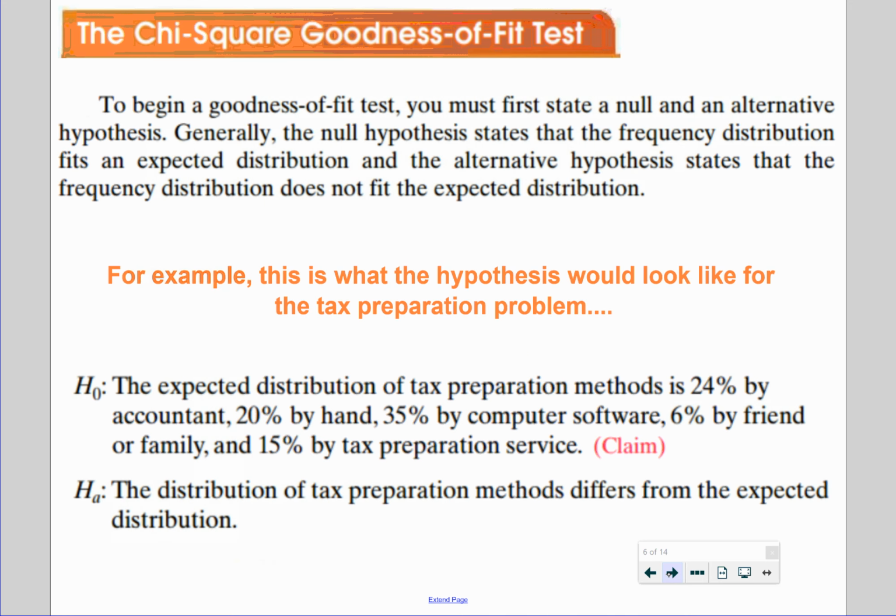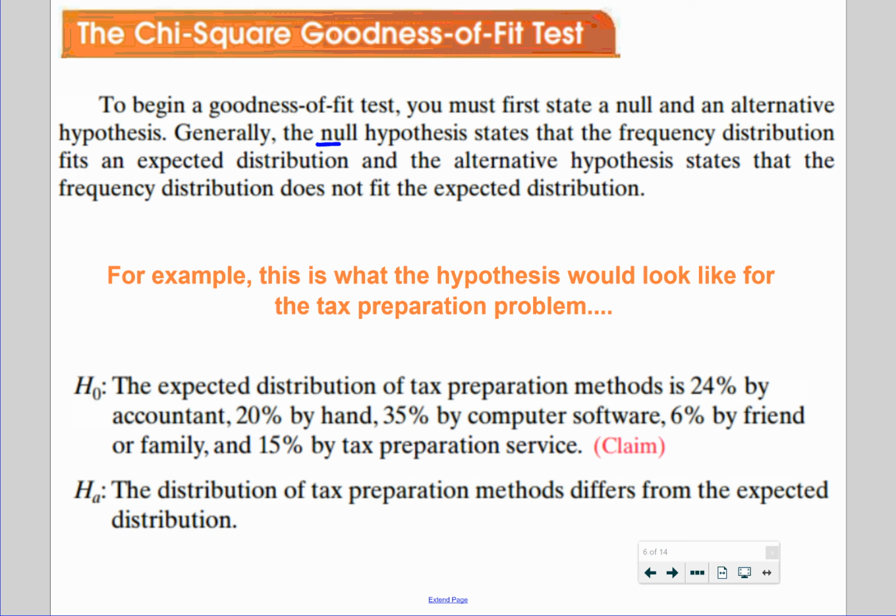All right, so on the back of your paper now, let's get to that hypothesis test we want to do. Remember, we're trying to figure out if a given set of data matches a certain distribution. That's going to be our claim. When you write a hypothesis test, the null and the alternative are always going to be the same, and for these, we're only going to write it in words. We're not going to be writing it with symbols and words like we've done in the past, like the mean equal to or the proportion greater than or equal to, that sort of thing.